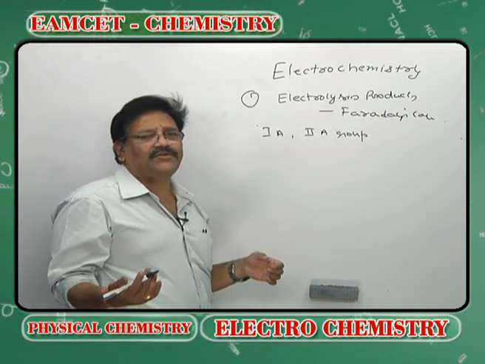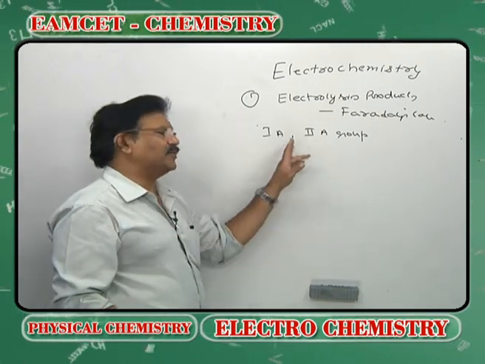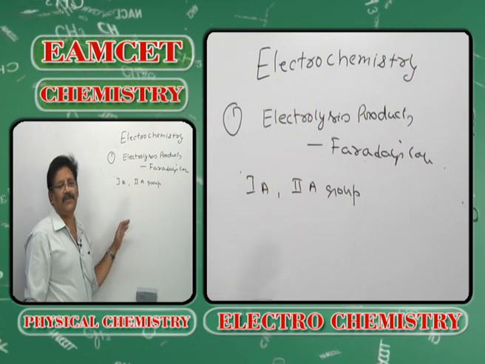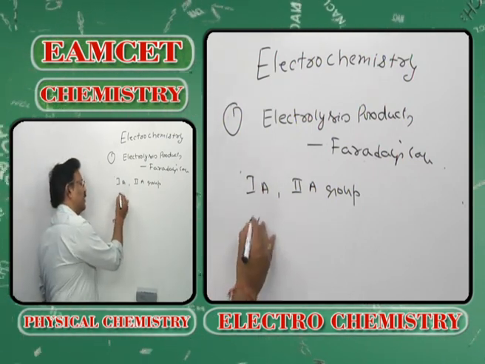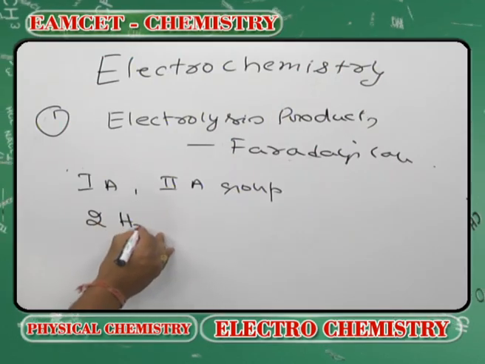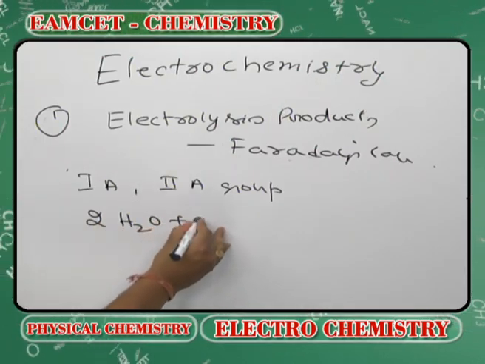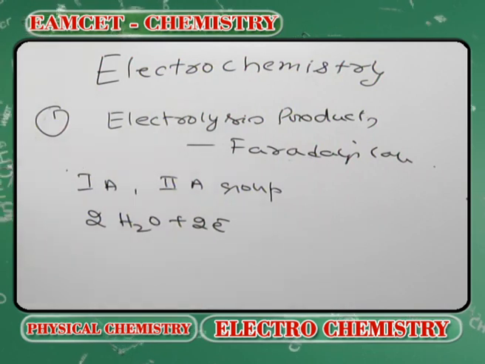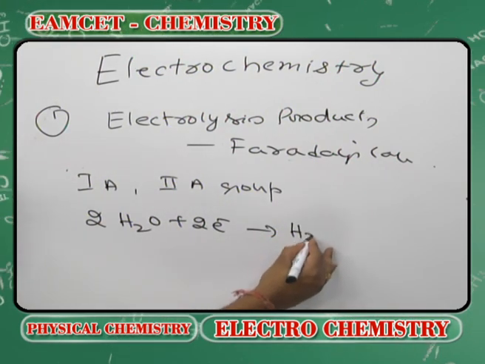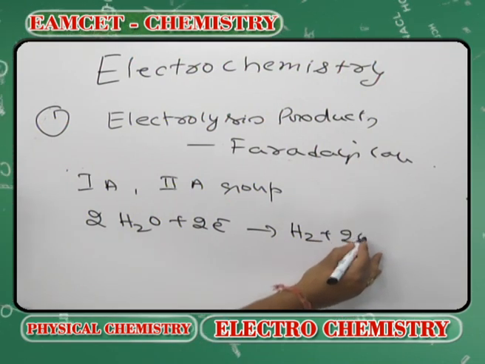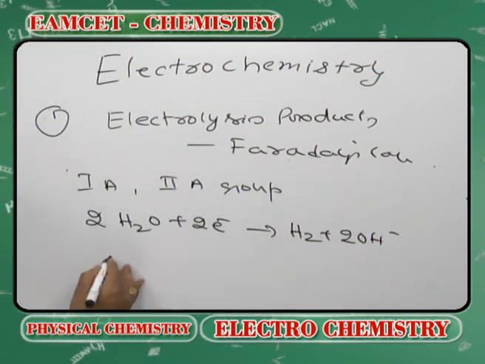Instead of the 1A group and 2A group metal cations, water will preferably get reduced, which can be represented as H2 plus 2OH minus.